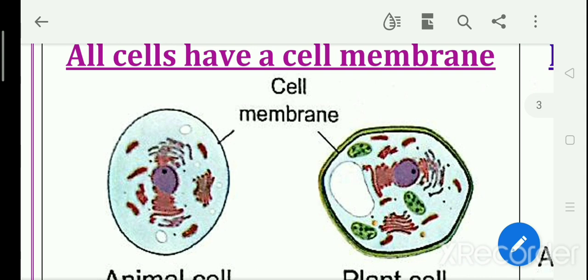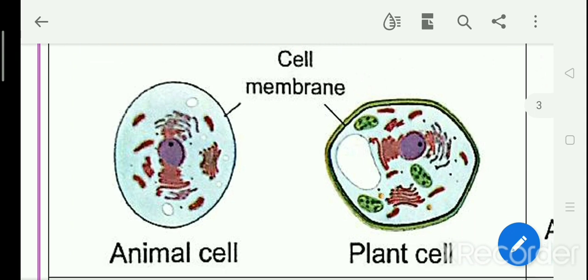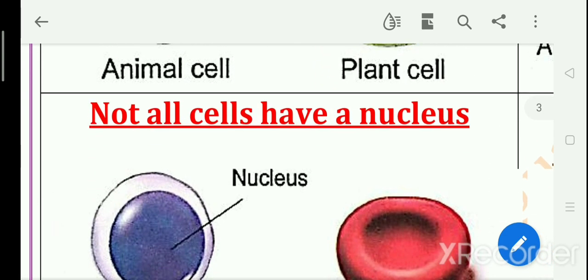So, if there is water that wants to enter the cell, the membrane controls the amount of water that the cell needs. So it allows the suitable amount of water to enter and the excess water goes outside. Okay, so water can enter the cell through what? Through the cell membrane.